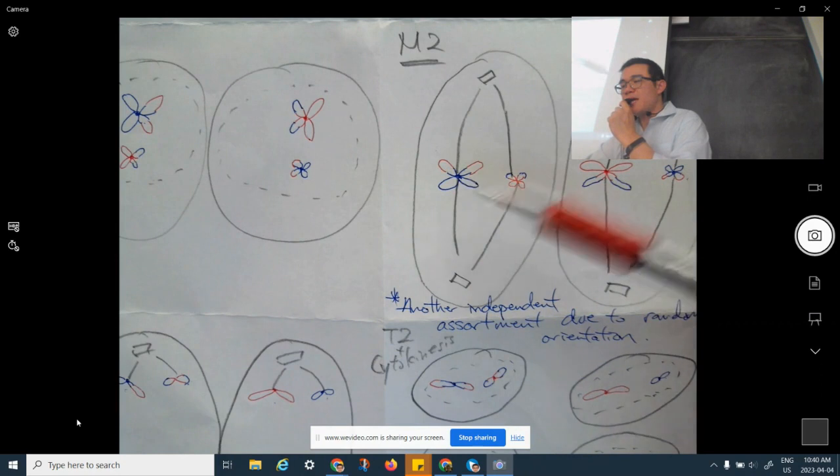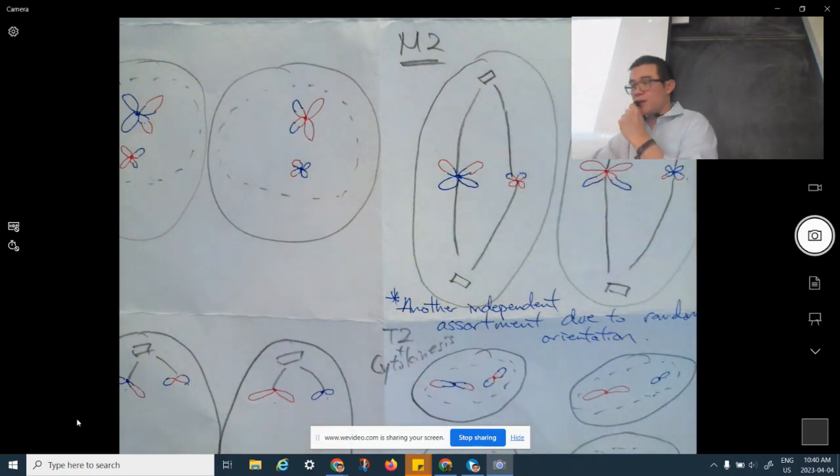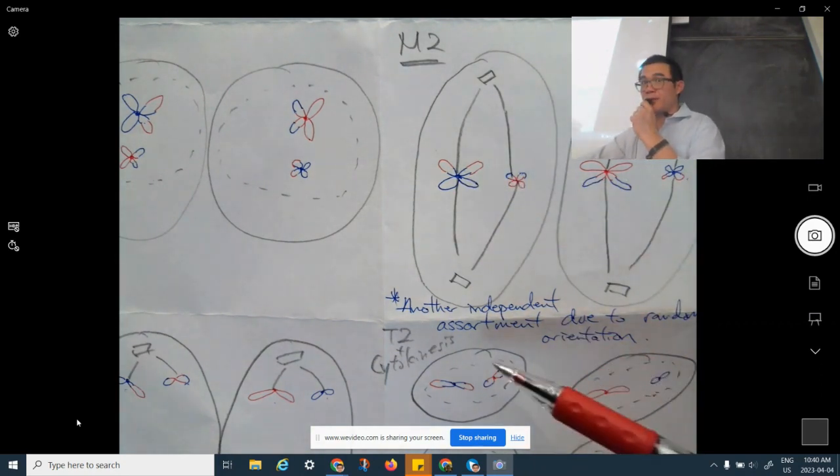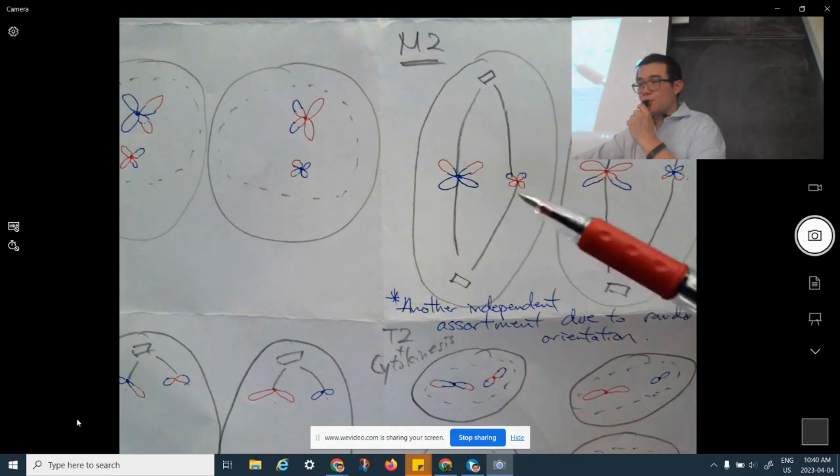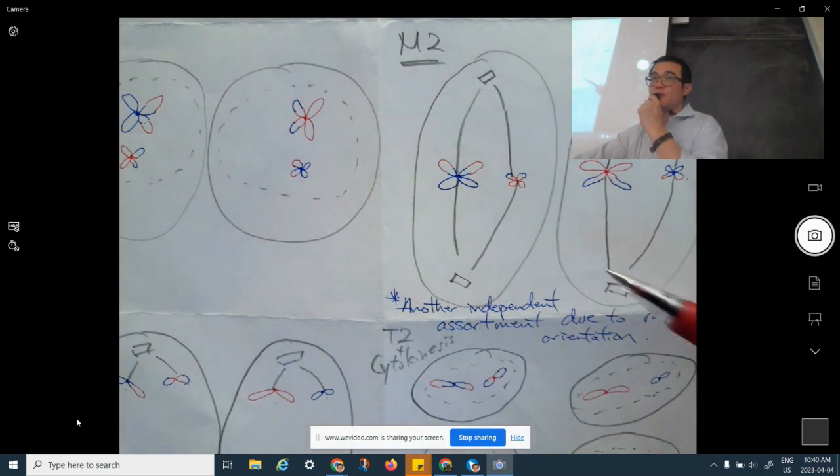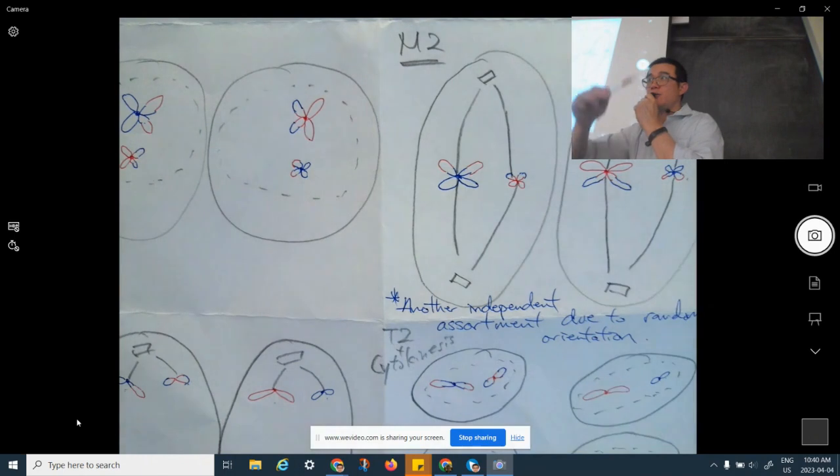In this case, it will result in another independent assortment. So this will be the third time during the whole process of meiosis that the deck got shuffled, so to speak. Are we good on that? Okay.